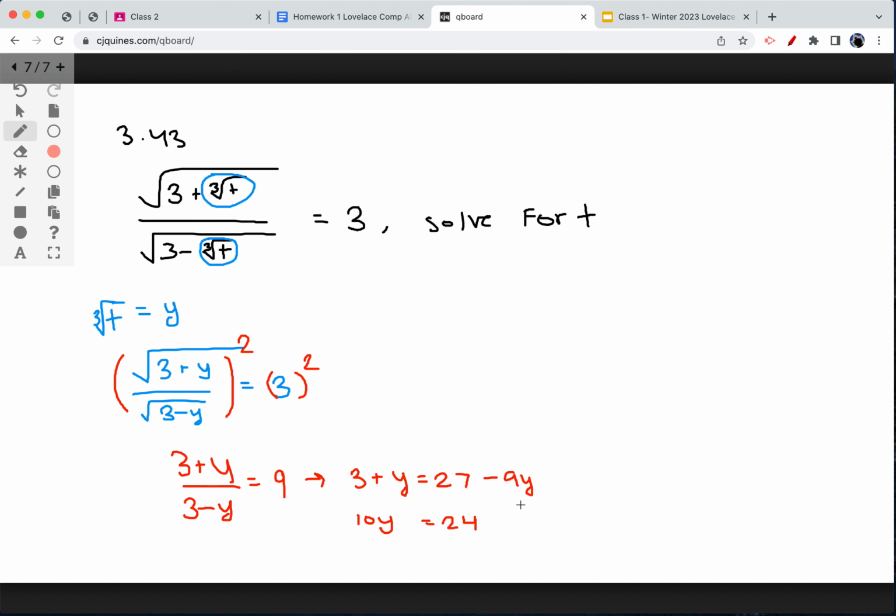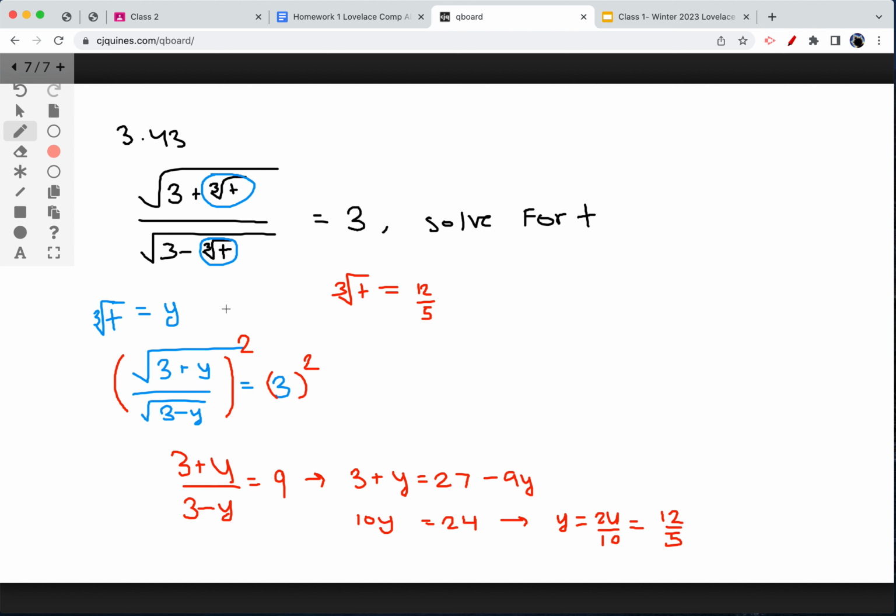Okay. And this would be y equals 24 over 10, which is equal to 12 over 5. So then we know that the cube root of t equals 12 over 5.